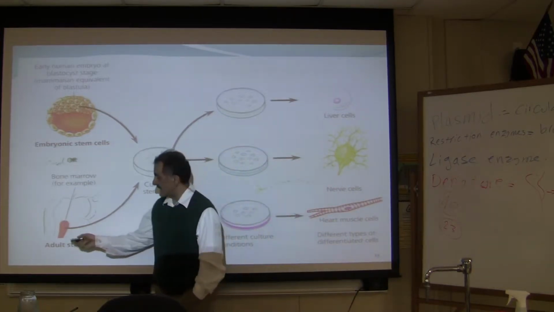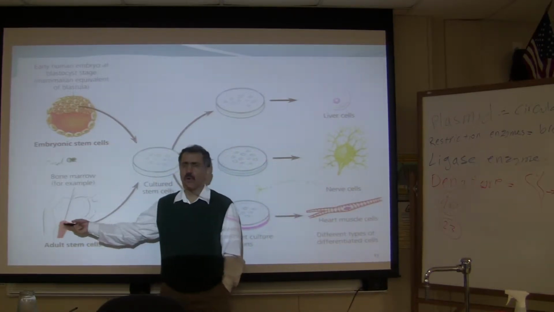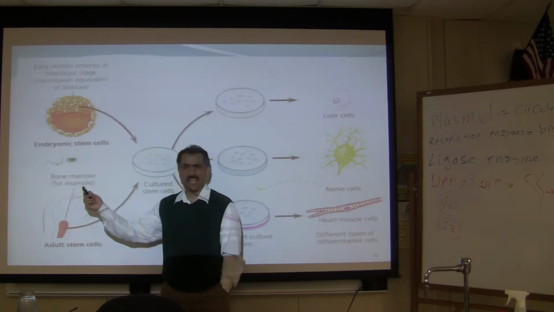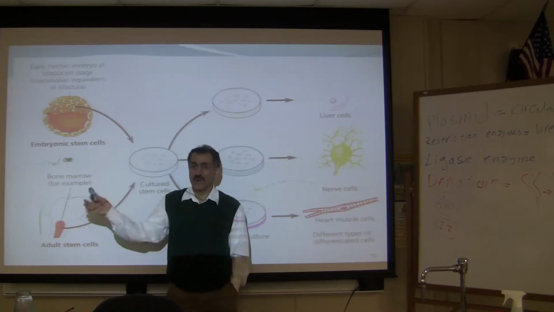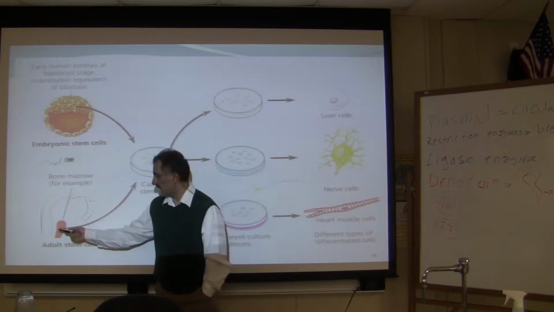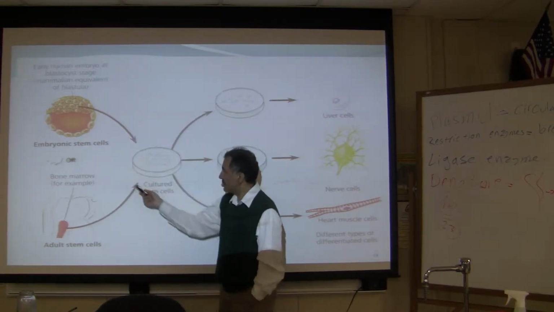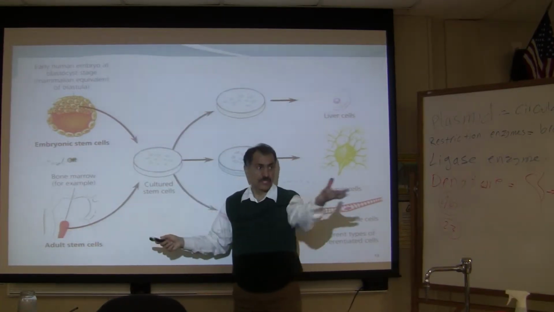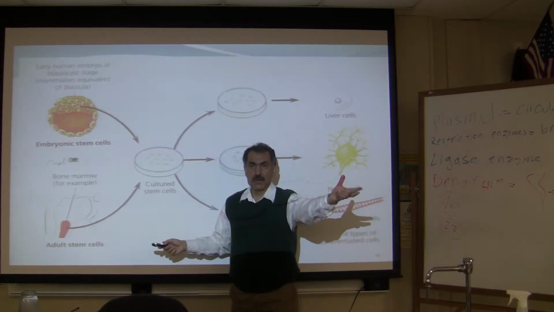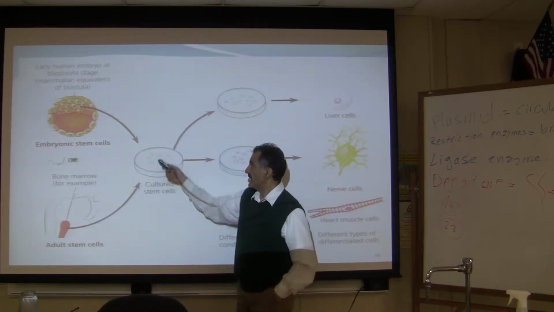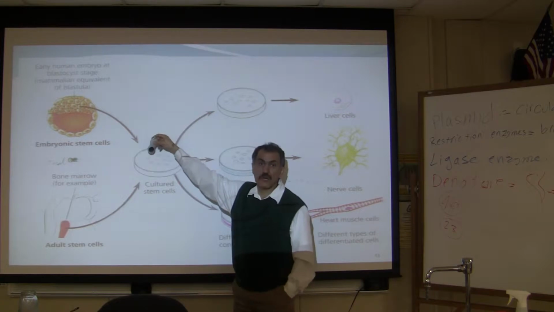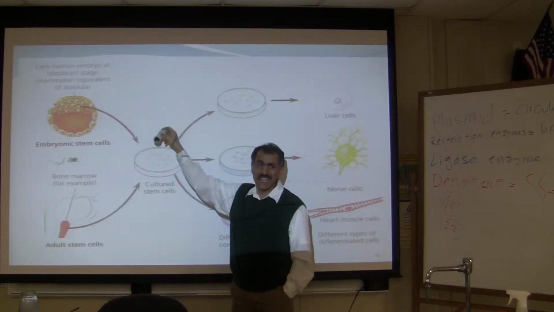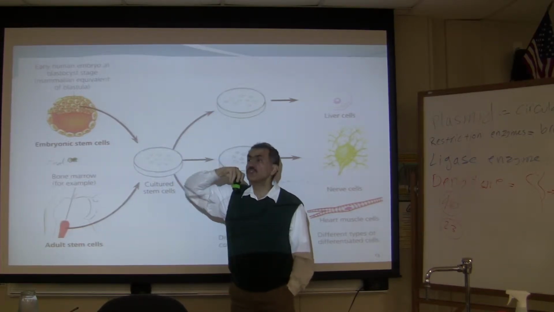If they take the cells from your bone marrow or your liver, your skin, your fat cells, anywhere in the body, they take your cells and put them in a dish, a petri dish that you grew a colony of bacteria in. You put them in a dish and you put in growth factor, hormones, proteins. I call it a soup.